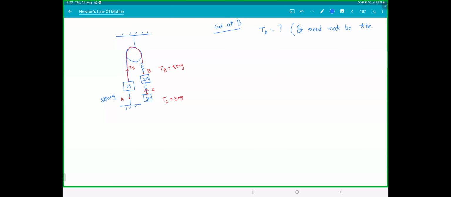It's not a spring, it's a string. That's the first thing about a string. You see a string, the first thing you should say is I don't know. The tension in strings can change suddenly to anything. So we need to literally draw an FBD and check what is happening.